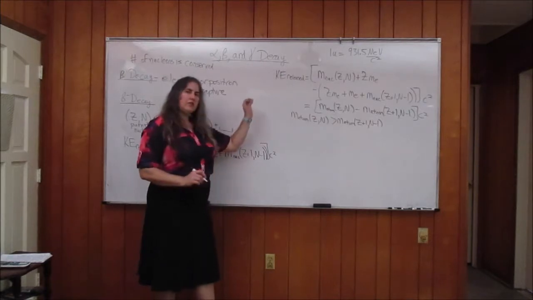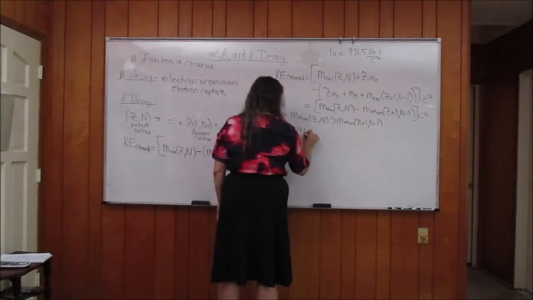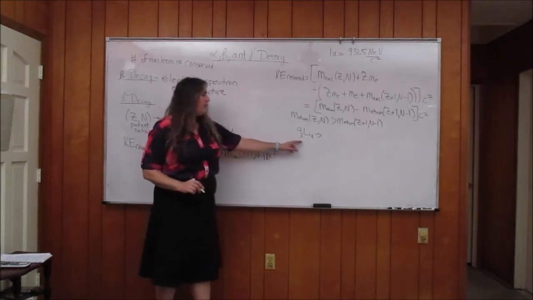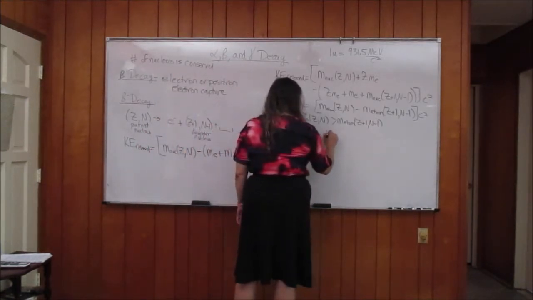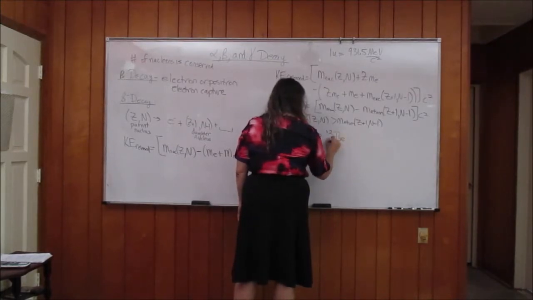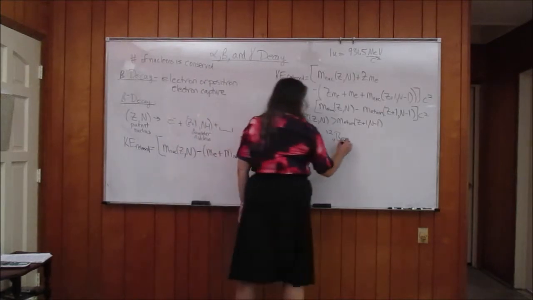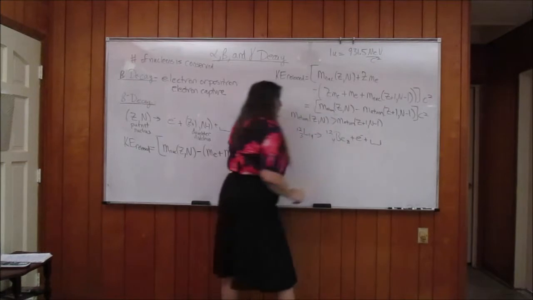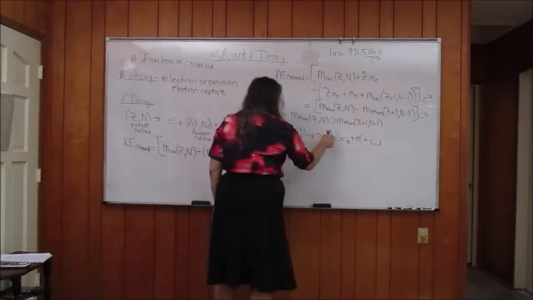Okay, so let's start at the very left-hand side with lithium-12. And I'll write down the number of protons and neutrons there as well. That decays into beryllium-12, plus an electron, and plus that third particle that I will be getting to.